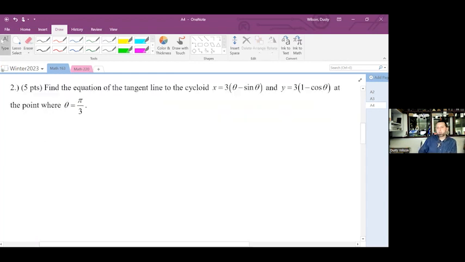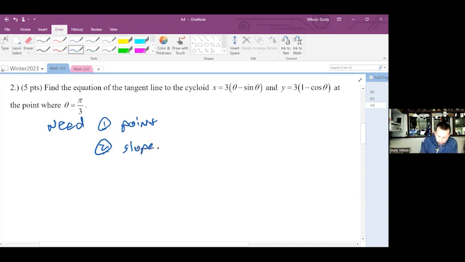Question 2, find the equation of the tangent line to the cycloid x equals 3 theta minus sine theta and y equals 3 times 1 minus cosine theta at the point where theta equals pi over 3. So what do we need? We need a point, and we need a slope.